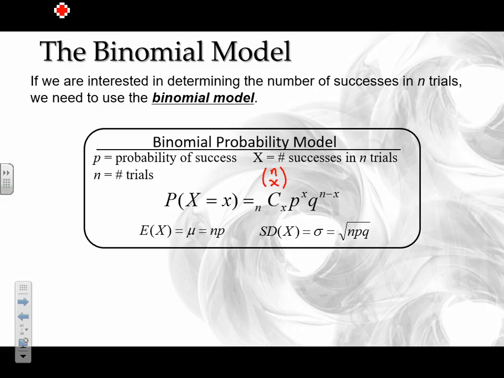All right, if you want to do this nCx here, so let's say we had 10 trials and we wanted 4 successes. Okay, so if I want to do 10 choose 4 in the calculator, you're going to type in 10, go to your math key, over to PRB or PROB, depending on what type of calculator you have, what operating system.